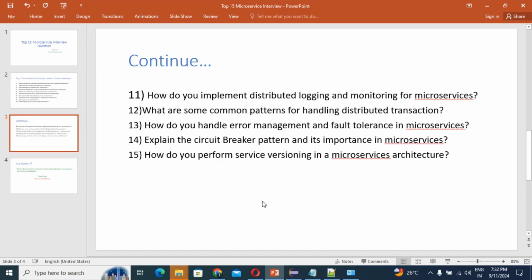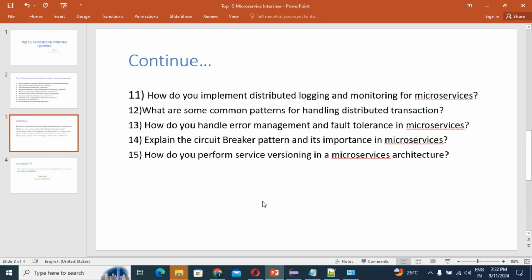So once again, circuit breaker pattern means preventing repeated failures by breaking the circuit and redirecting traffic when a service is experiencing issues. That is the second approach to handling error management and fault tolerance in microservices.